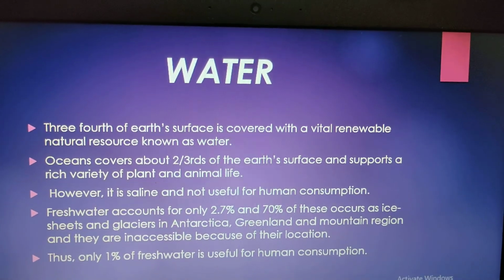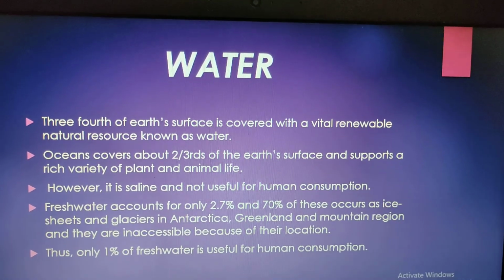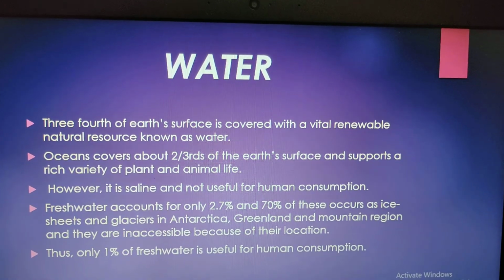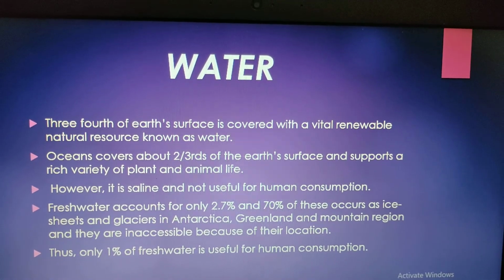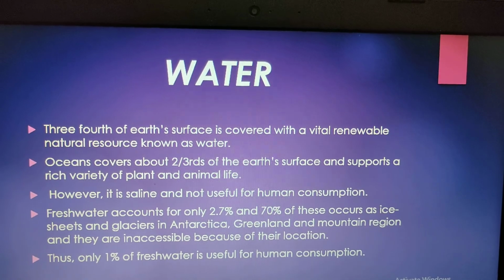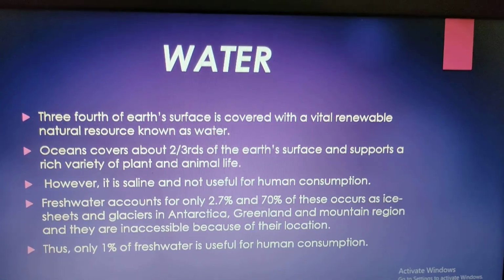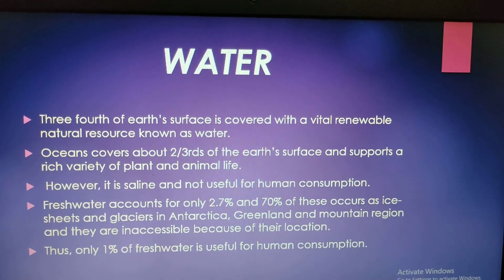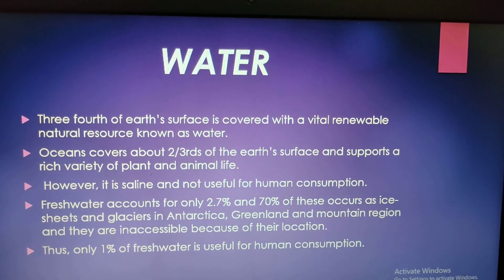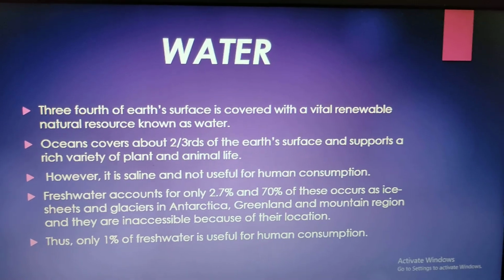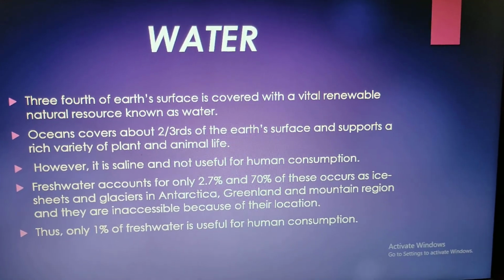Why? Because it is available as ice sheets and glaciers in Antarctica, Greenland, and mountain regions, and it is inaccessible because of its location. Thus, only 1% of fresh water is useful for human consumption.